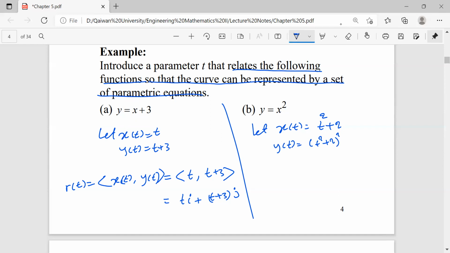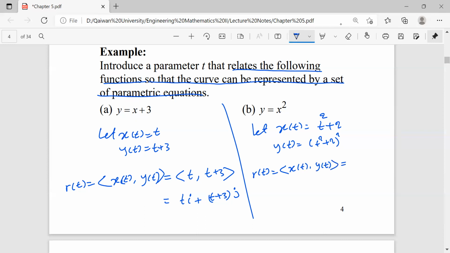As I said, choosing the parameter is not fixed, so it's up to us. It depends on yourselves. I choose t squared plus 2. You may choose t. Here, this is y of t. That means r of t equals x of t and y of t.